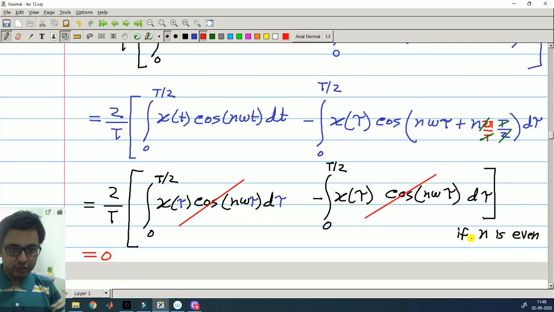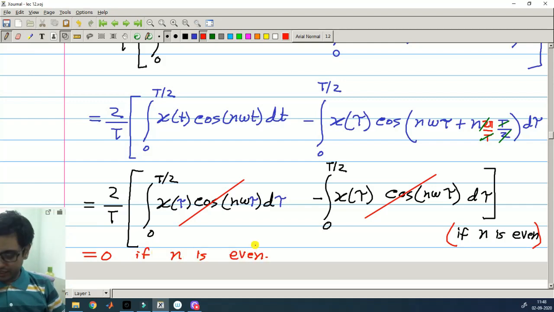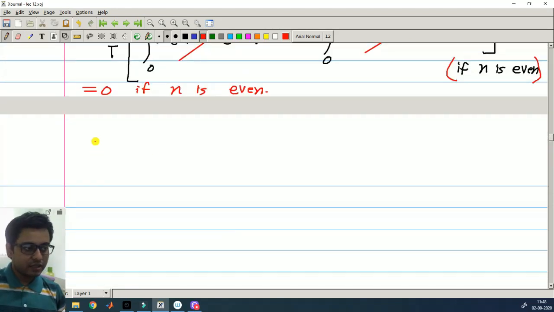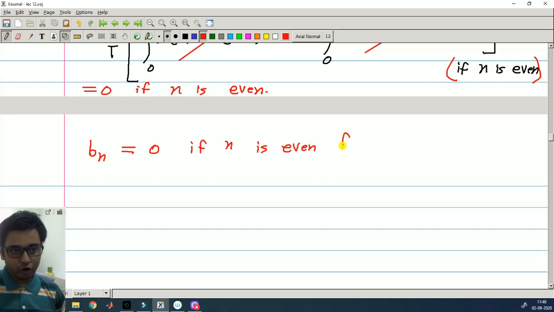And this is true if n is even. In the same way, you can prove that Bn will be equal to 0 if n is even for a half wave symmetric signal.